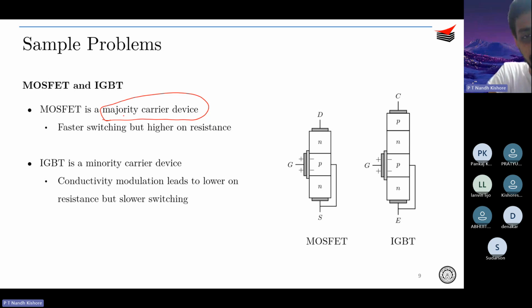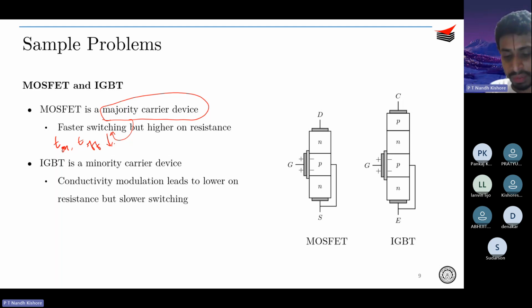A majority carrier device guarantees faster switching, that is, T on and T off are very low. It can turn off faster and turn on faster, which means I can use it for high frequency applications.